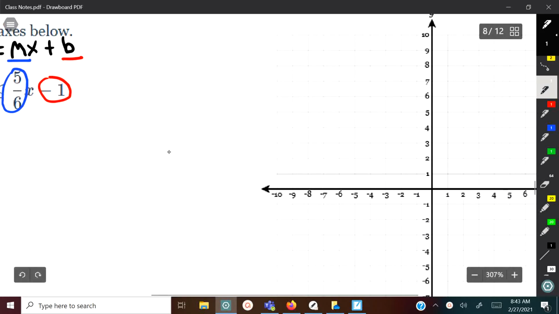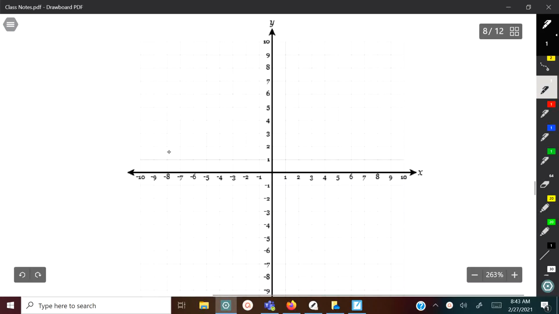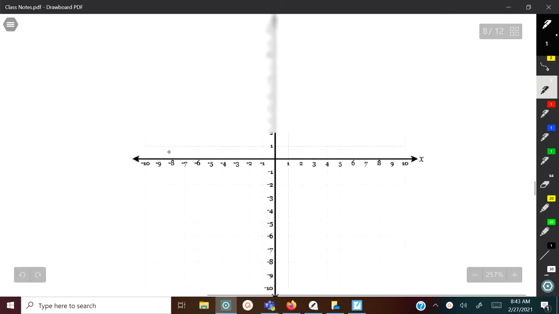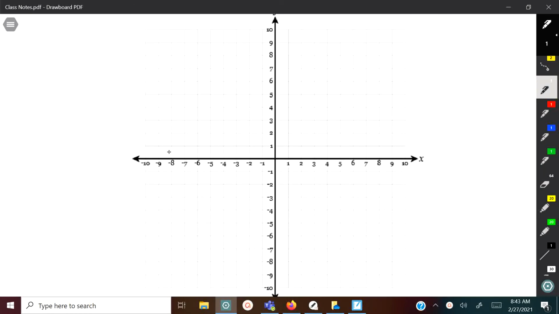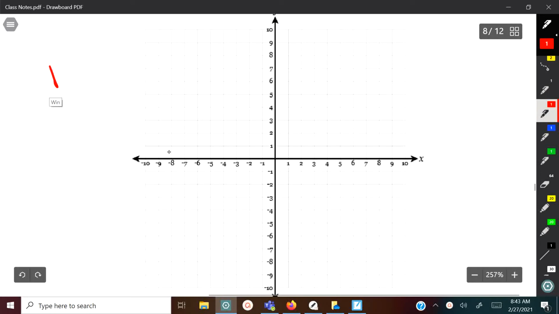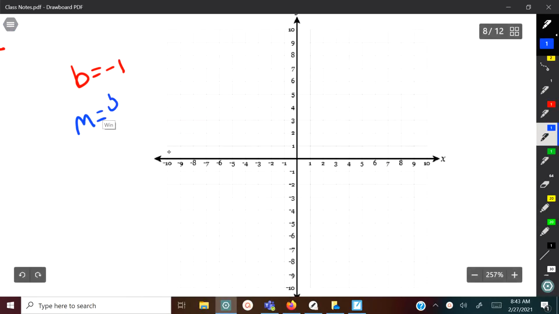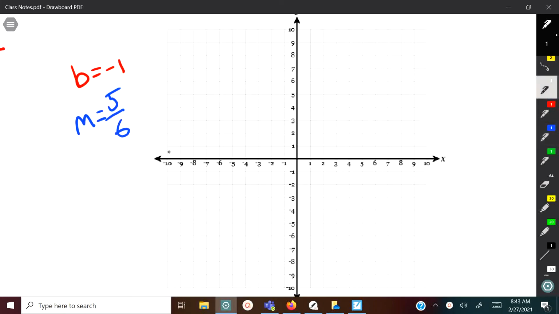Alright, so I'm going to write that again so you can see it. We've got the y-intercept, which is -1, and the slope, 5/6. So we're going to begin at -1 down here.